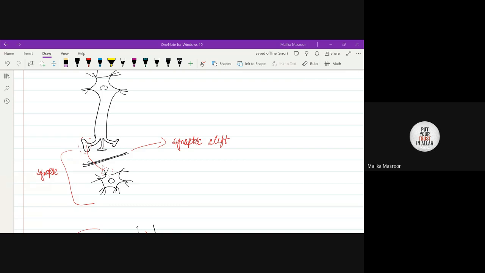Vesicles move closer to the membrane. No, I'm saying, why will the neurotransmitters come out of the vesicles? Do they just come out without any reason, anytime? And not nerve. You'll say nerve impulses will be transmitted. Okay. Yes. When there's a stimulus.